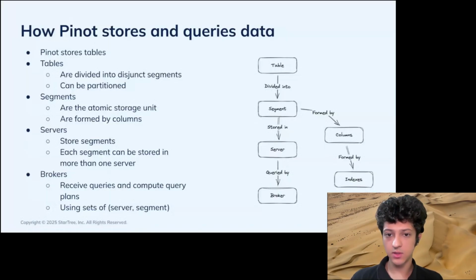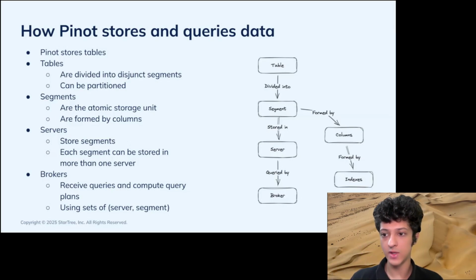All right, now that you're all hopefully convinced that Pinot is a database widely used in the real world, let's take a look at how Pinot stores and queries the data. Like most other databases, Pinot stores tables, and these tables are divided into disjoint segments that are the atomic storage unit in Pinot. These segments are formed by columns.